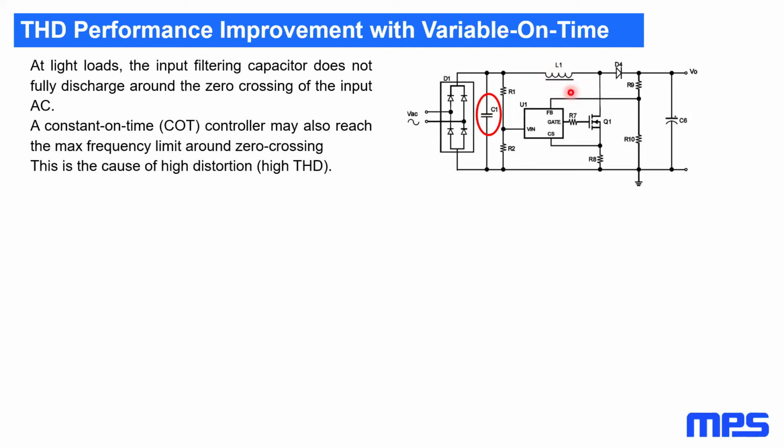It's a switched current. The current is alternatively increasing and decreasing in the inductor, controlled by the switch. But what we want on the input is an average sinusoidal current. So this capacitor is here to filter this high frequency component of the current and to keep only the average current.